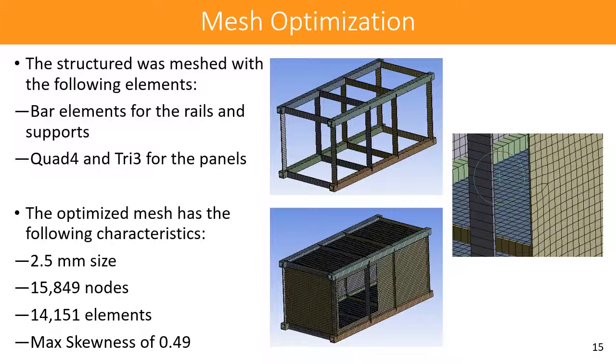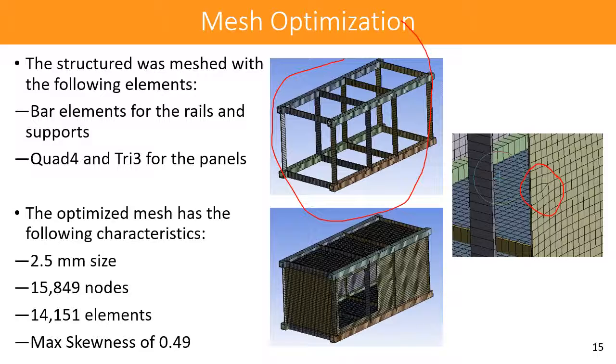For the elements, I use bar elements for the frame that is shown here, and then for the panels, I use quad 4. However, ANSYS was not able to use quad 4 everywhere. Some 3-node elements were also generated, although it was a small quantity, but just to point out.